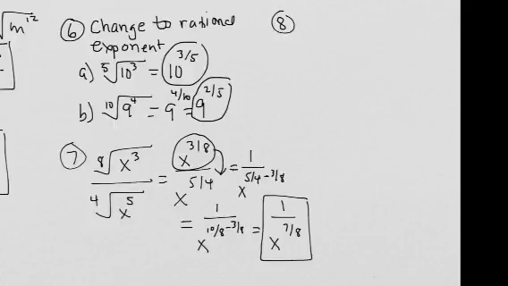Let's see. That's dividing. So in multiplying, 4th root of x to the 5th times cube root of x squared.